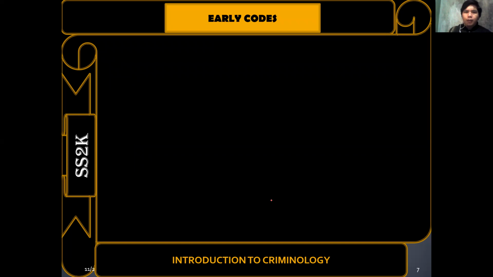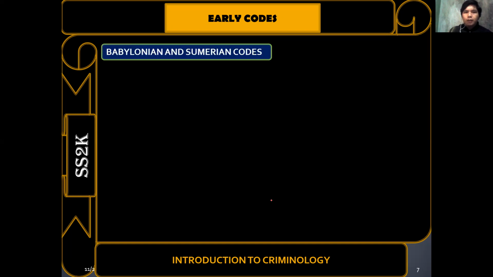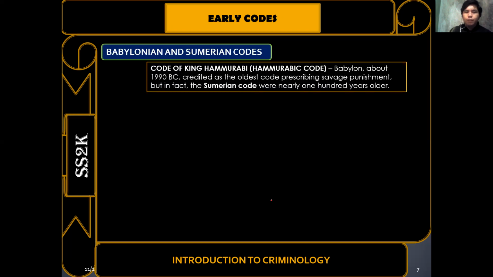So what are the early codes that serve as the basis for the court's imposition of punishment, which are executed by the different agencies of our government? Some of the early codes include the Babylonian and Sumerian codes. An example is the Code of King Hammurabi, or the Hammurabi Code. In Babylon, about 1990 BC, it is credited as the oldest code, the Code of Babylon.